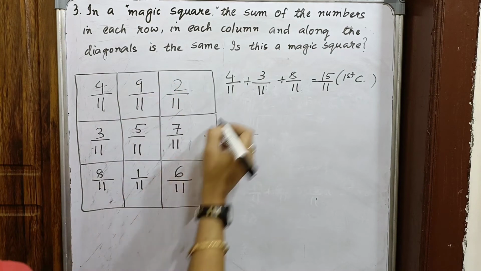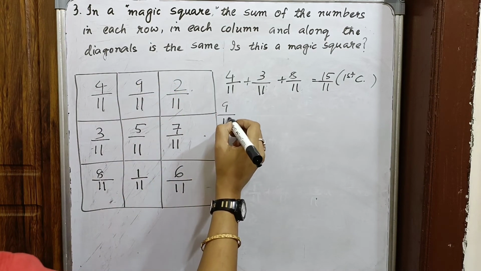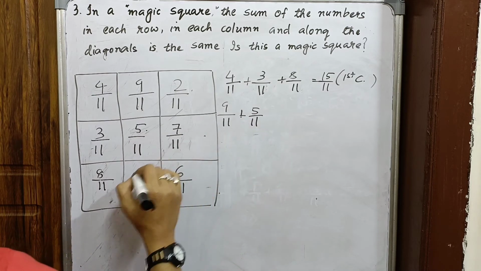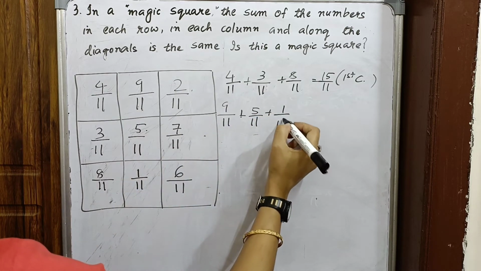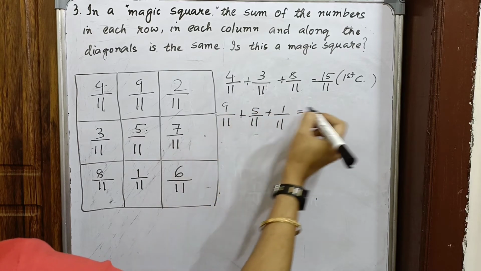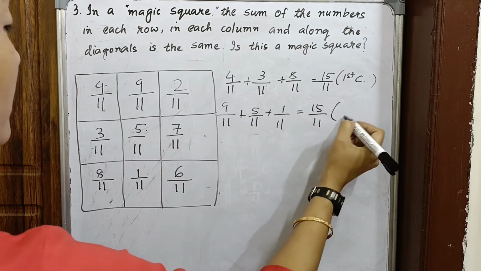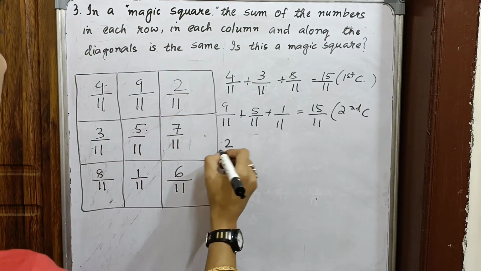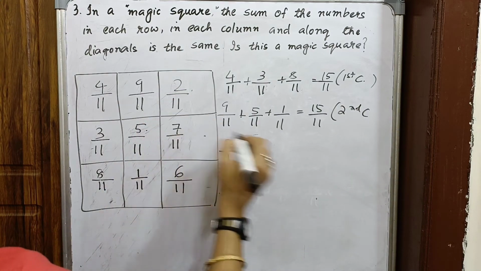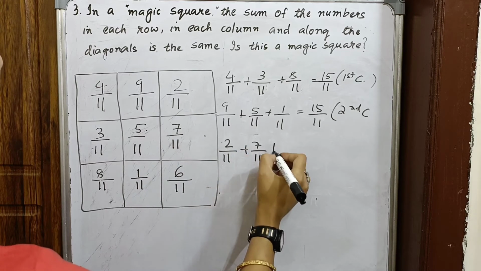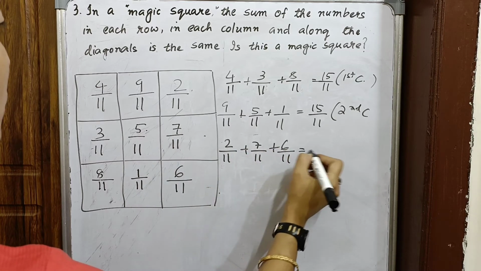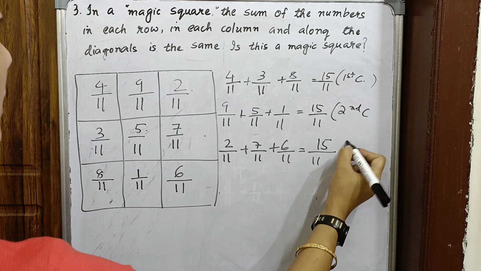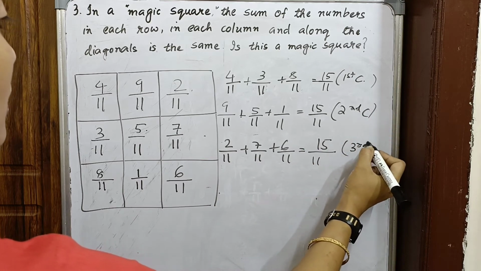Now second column, 9 by 11 plus 5 by 11 plus 1 by 11, which is 15 by 11 in the second column. Now in the third column, 2 by 11 plus 7 by 11 plus 6 by 11, which is also 15 by 11 in the third column.